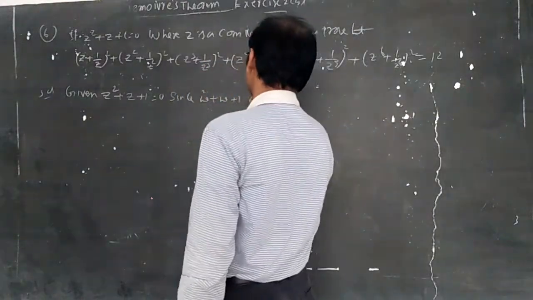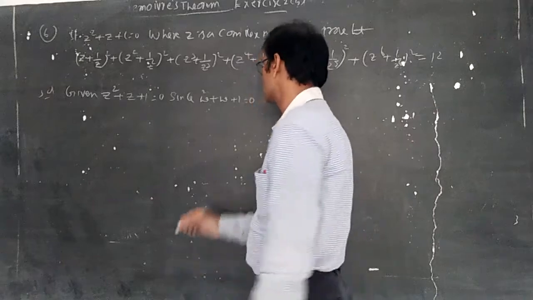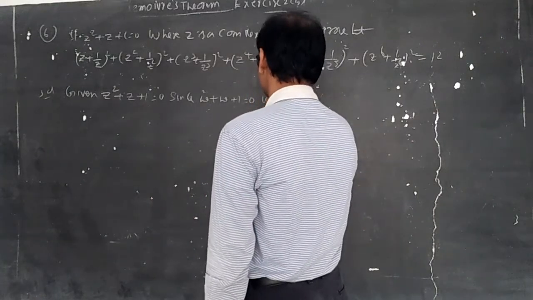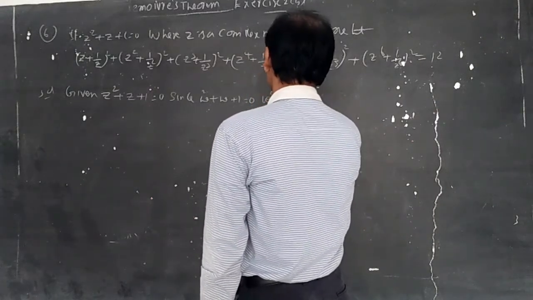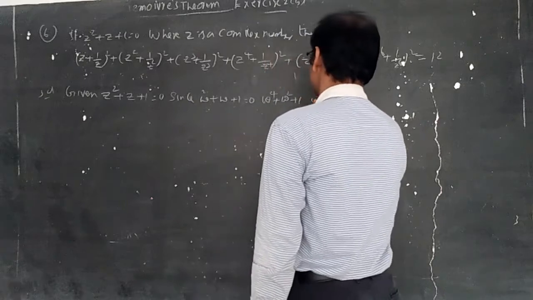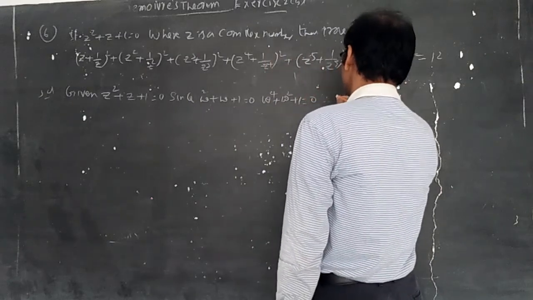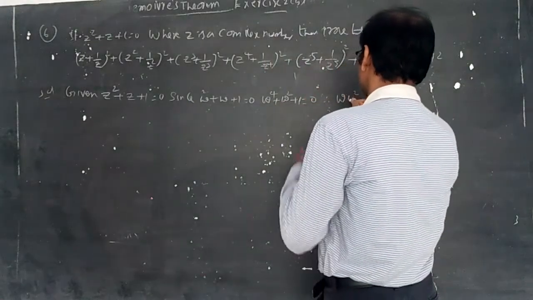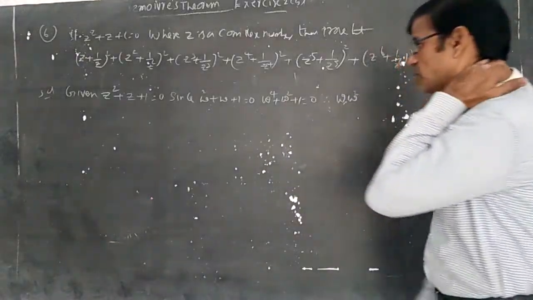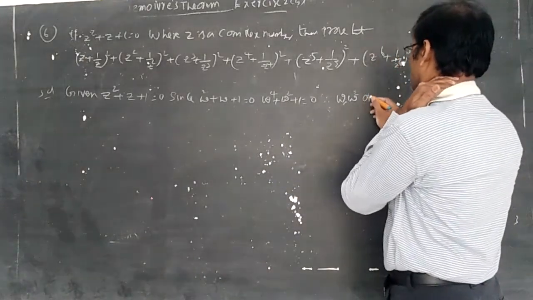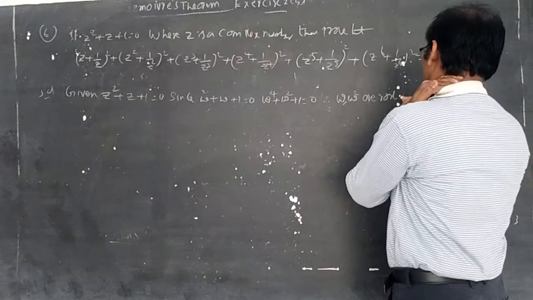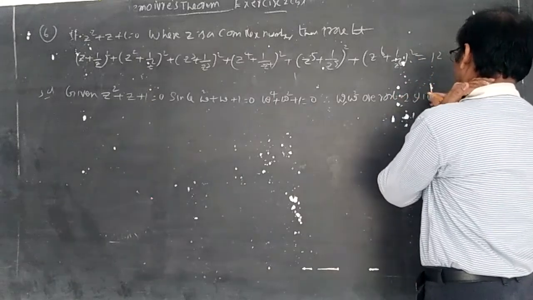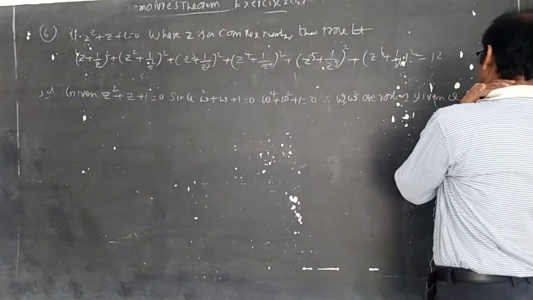A quadratic equation has two roots. Like this, you write another one: omega power 4 plus omega square plus 1 equal to 0. Therefore, you conclude that omega, omega square are roots of the given quadratic equation.